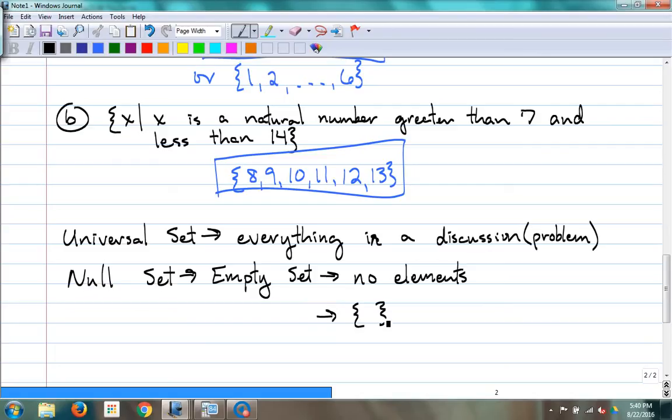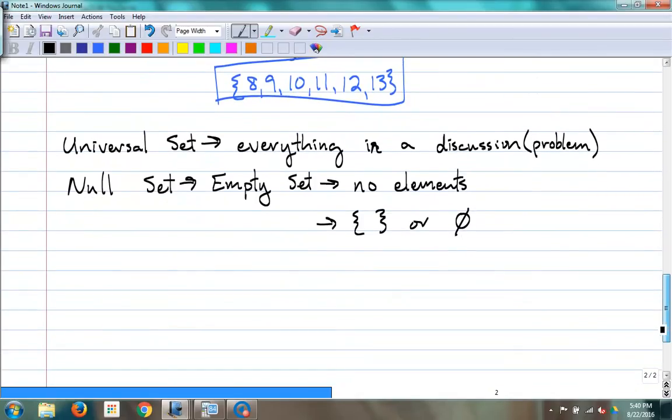So it would be a set of curly braces with nothing inside of it. Or a circle with a slash through it means the same thing. So those are two notations for the null set. Either empty braces or a circle with a slash through it. Both of those mean the null set. That means there's nothing in the answer there.